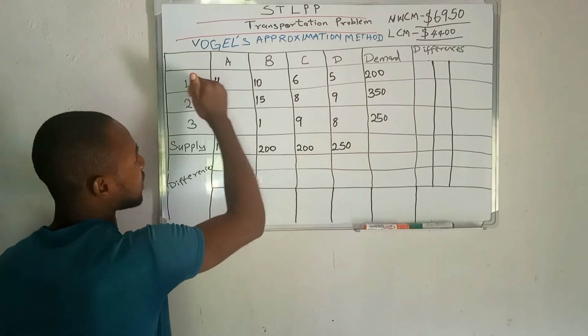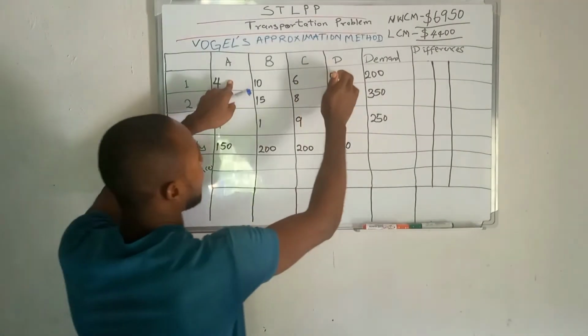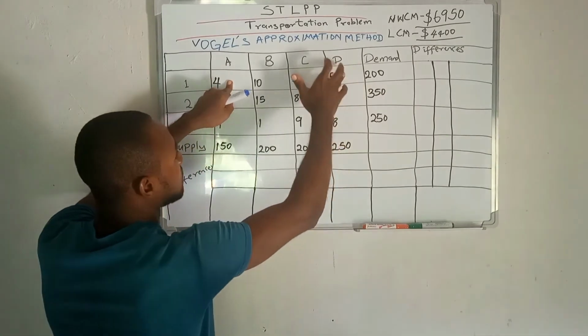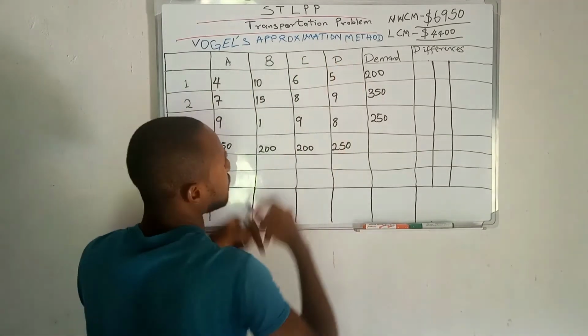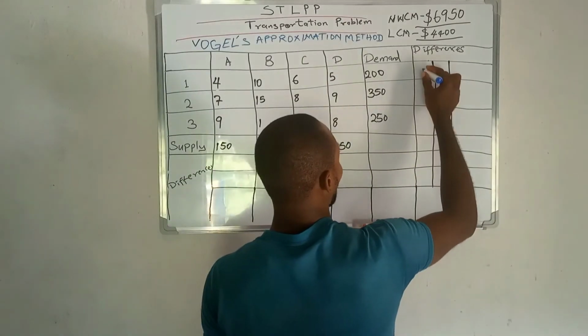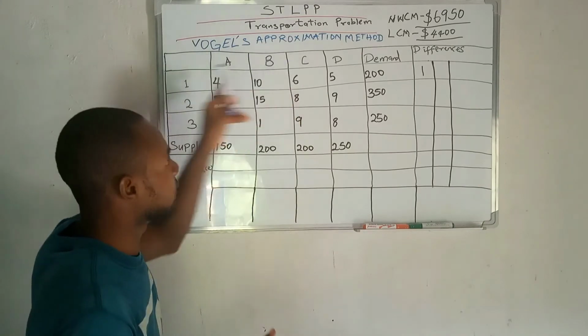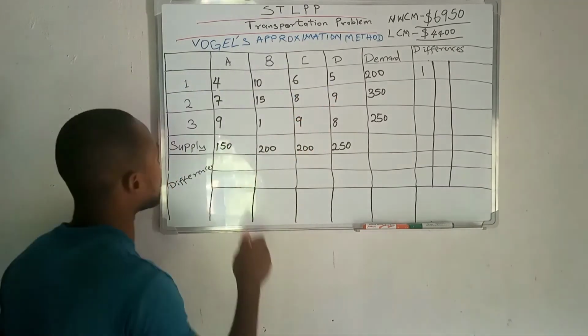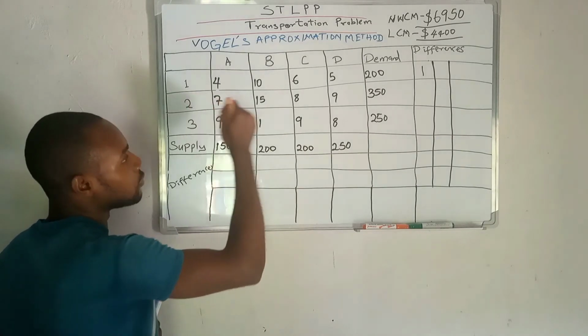So the first row, the smallest cost here is 4 followed by 5. We subtract the two of them, 5 minus 4, and that gives us 1. That's the difference for the first row. In the second row we do the same thing.